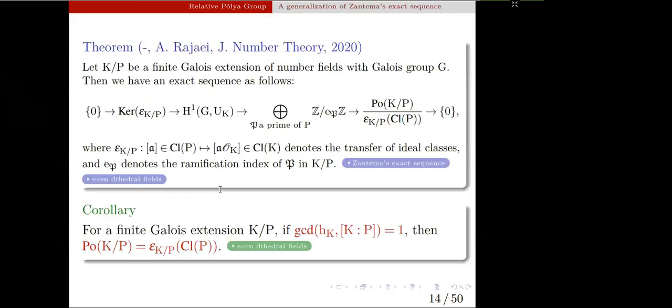And as a generalization of the Zantema exact sequence in the previous section, we can find this generalization and get an exact sequence as you see. Here the map epsilon denotes the transfer of ideal classes, or ideal extension homomorphism, from the ideal class group of P to the ideal class group of K. And again, as a corollary, as you see, if we assume that the class number of K and the relative extension degree of K over P are coprime, then the relative Pólya group of K over P would be equal to the image of the epsilon map.